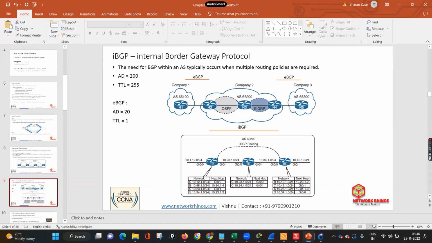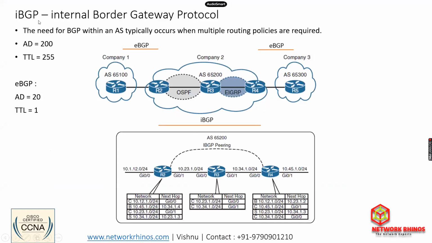Some more information about BGP: iBGP administrative distance is 200 and eBGP administrative distance is 20. Similarly, iBGP TTL is 255, and eBGP time to live is 1.